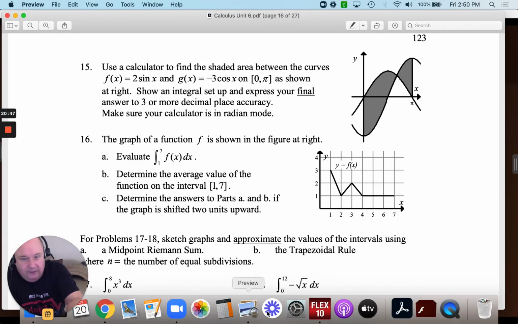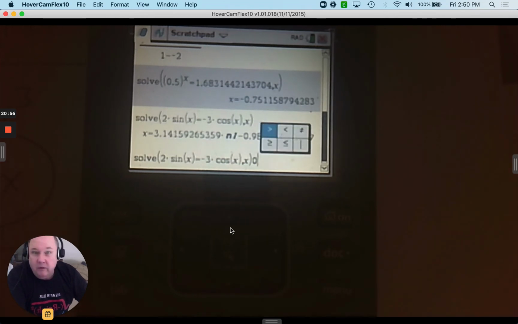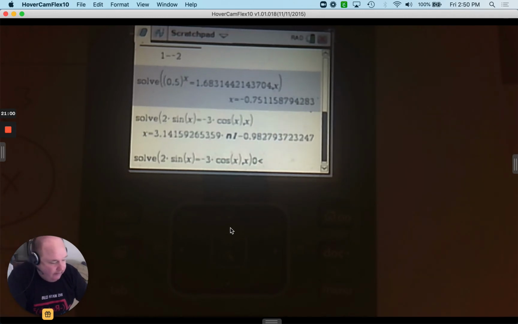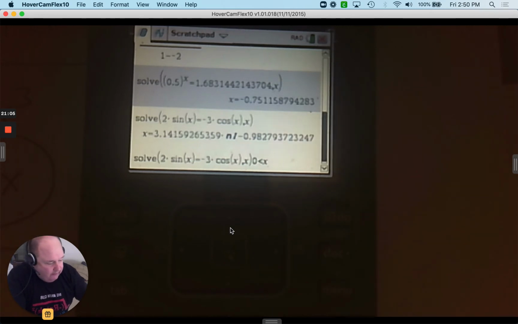I'm going to see if I can make it. If it doesn't work, I'm going to try it differently. So between 0 and pi, I want control equal sign, then less than, then x, control equal sign, less than again, and then pi.